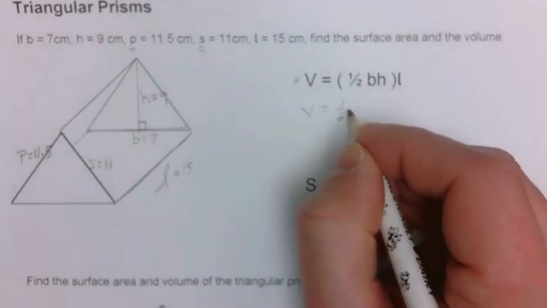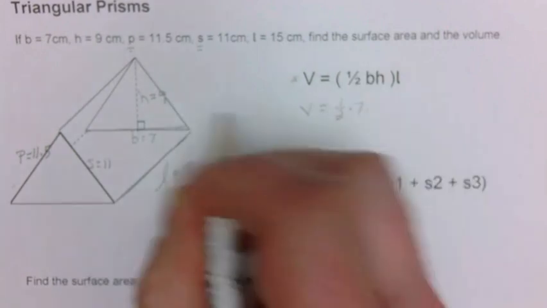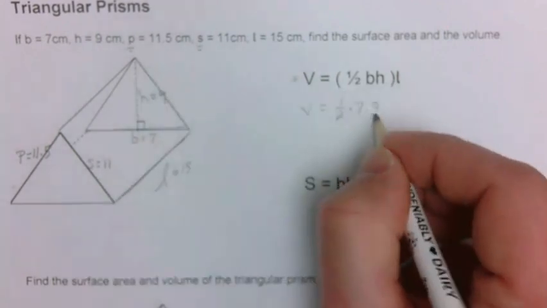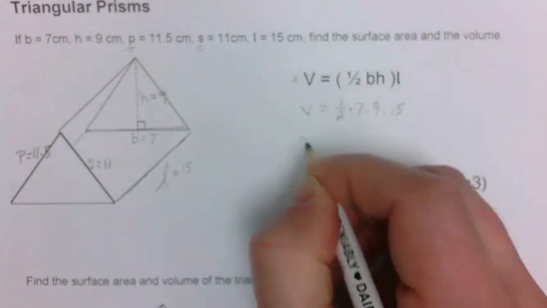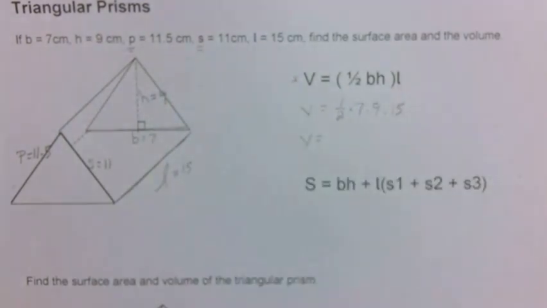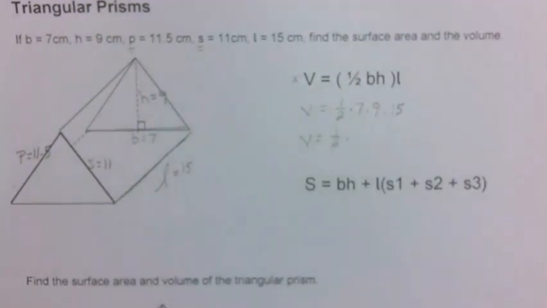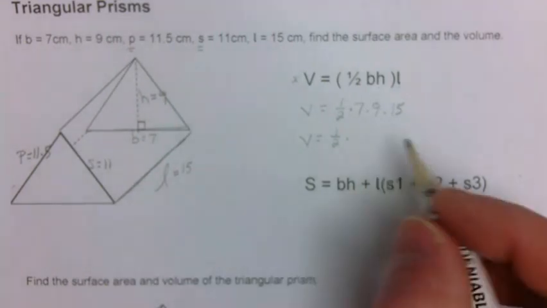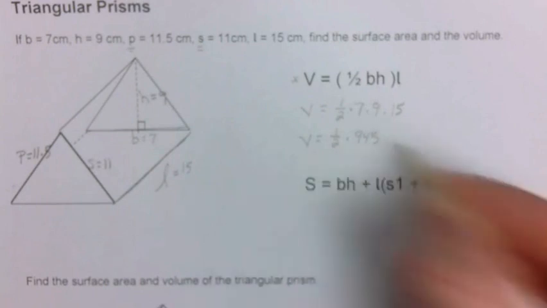So let's substitute in these values. 1/2 times the base they said was 7, times the height right here they said was 9 centimeters, times the length was 15 centimeters. Okay, well, I can do 1/2 times 7 times 9 times 15. 7 times 9 I know is 63. 63 times 15 comes out to be 945.